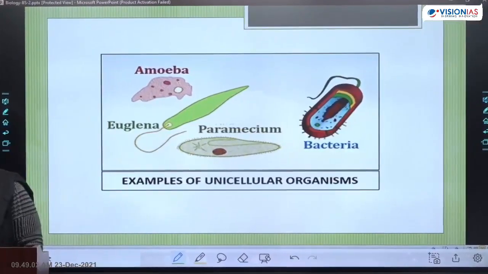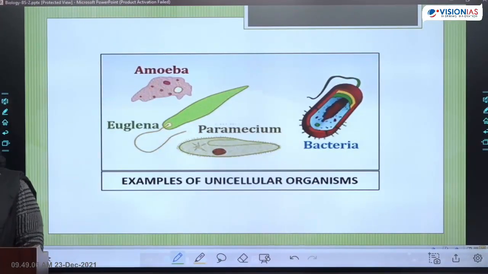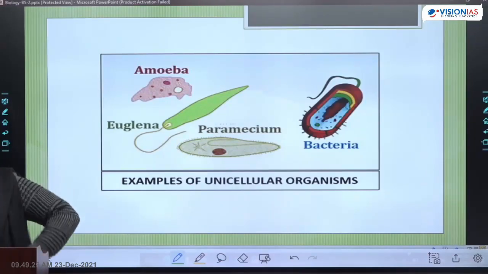Then multicellular organisms consist of more than one cell.